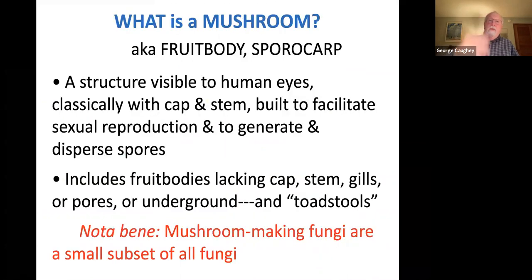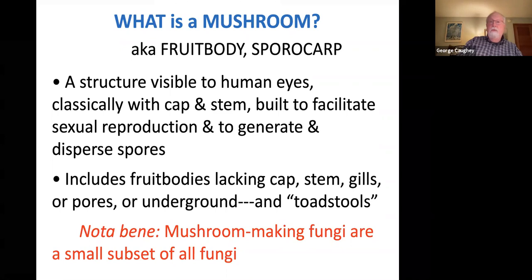But just narrowing down further, let's define what is a mushroom, because I find this is often confusing. Well, a mushroom is also known as a fruit body or a sporocarp to mycologists. So it's a subset of fungi. It's a structure that you can see with your eyes, classically with a cap and stem, but it's not limited to that by most definitions.